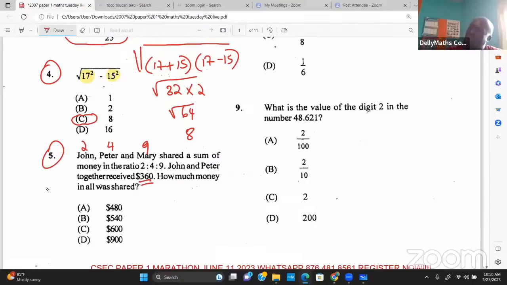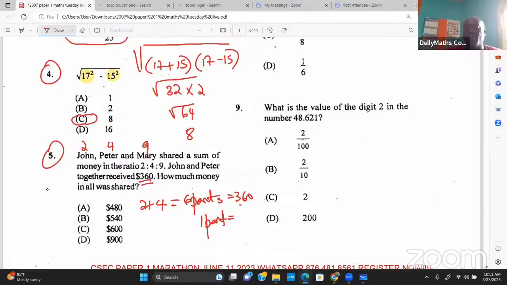So we have a number of approaches to this question. One of the approaches is that we want to take note of the ones that we got. So we got for John and Peter, the total. So we're talking about 6 parts, which they told us was 360. So from here, I could definitely understand what's going on.